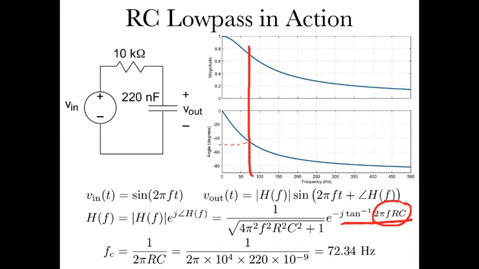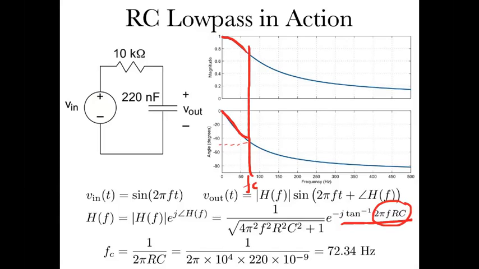Okay, so here's what we should expect. When you have frequencies less than Fc, the amplitude of the output should be going up, and at very low frequencies it should be about the same as the input. The phase shift will become smaller and smaller, and as you go toward 0 in frequency, the output in terms of its phase shift will also look like the input.